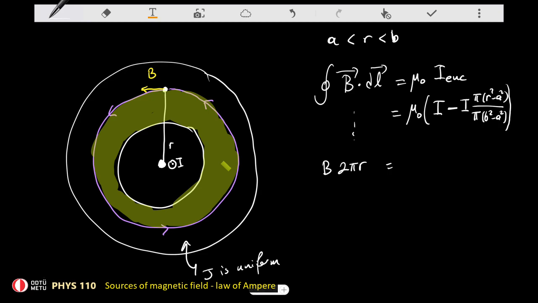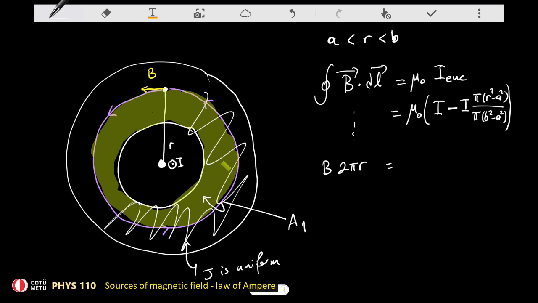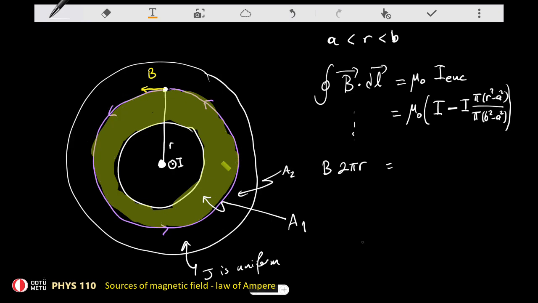Again, let me just repeat what I have said. If I call this shaded area A1, and the total area of the shell, this region in here, A2. So I'm going to show it like that. So this is A2. So A1 is equal to pi times (r squared minus a squared).